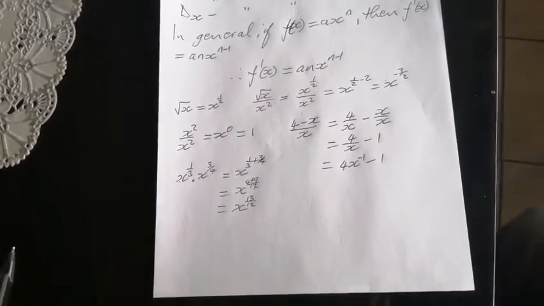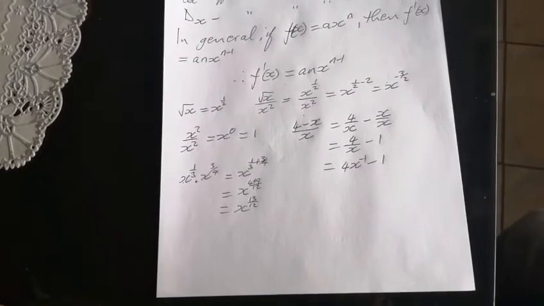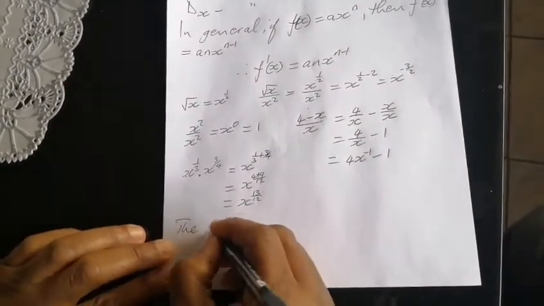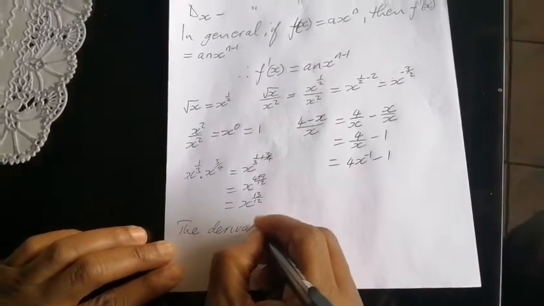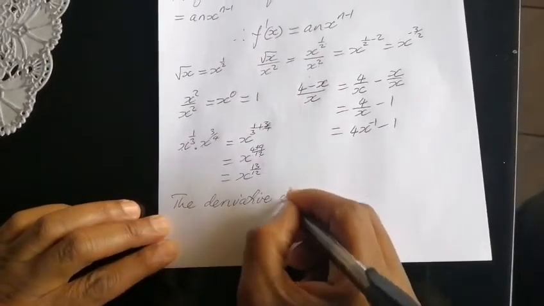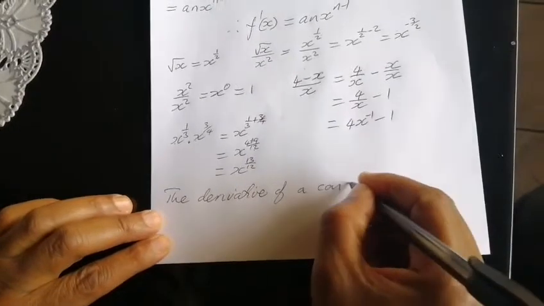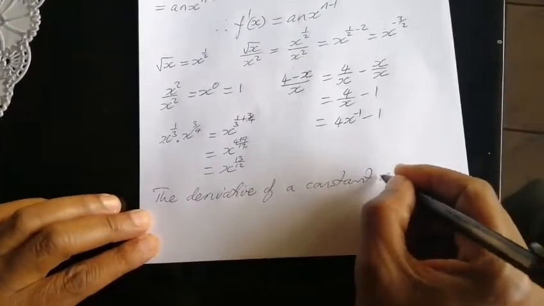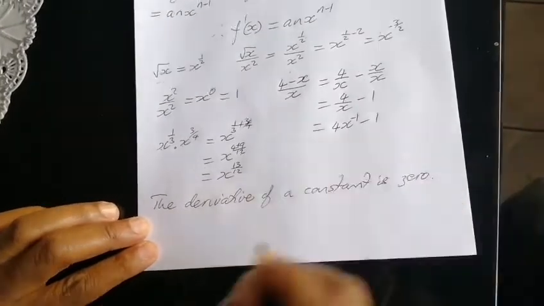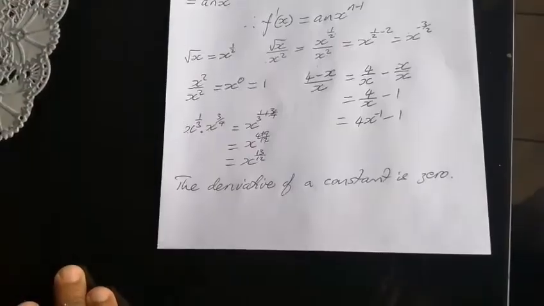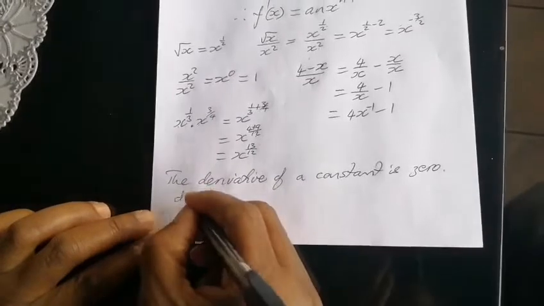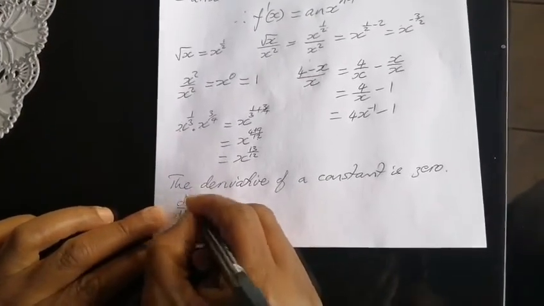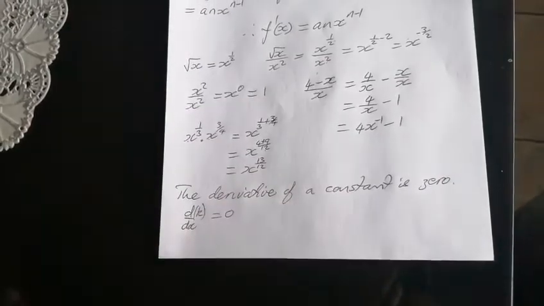Please note that the derivative of a constant is 0. If we are differentiating a constant k with respect to x, then the answer is 0.